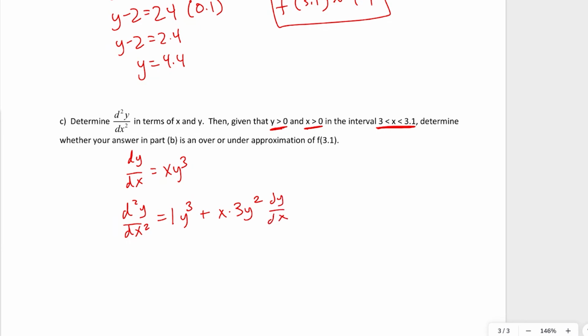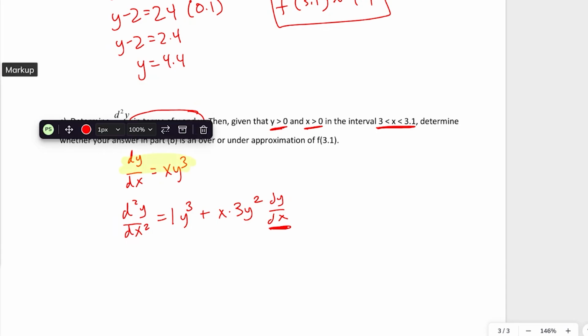Okay, now here's the tricky part. It says determine it in terms of x and y. So I don't really want a dy/dx in my equation. I want to get rid of that. I just want it in terms of x and y. The good news is we already know what dy/dx is in terms of x and y. We have that as the equation that was given initially.